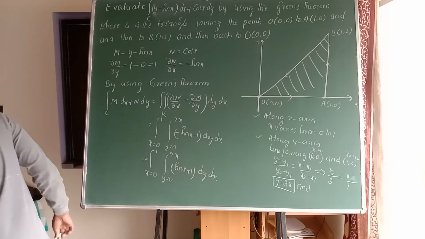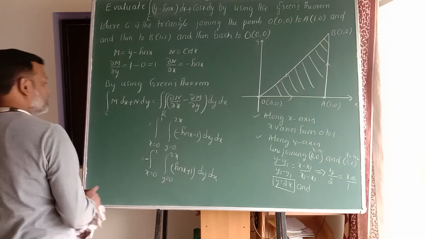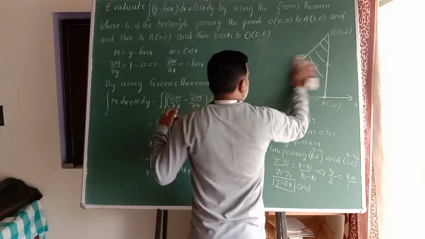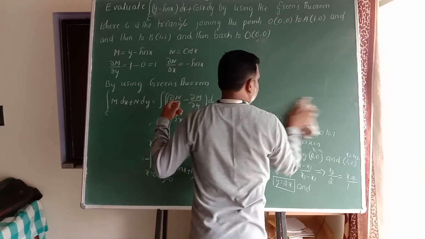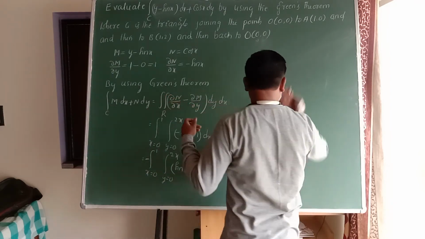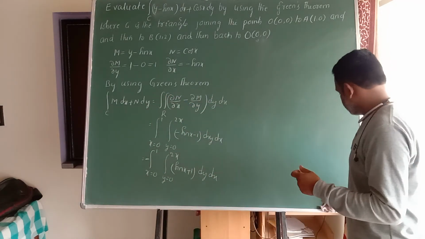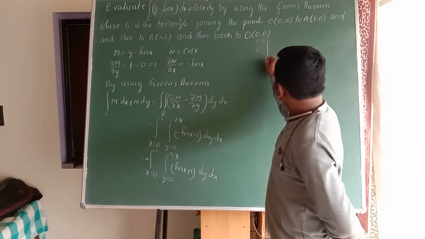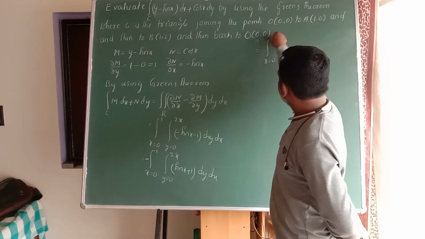Now let us find out the value here. So with respect to y, okay, I will rub it. What is that? So that is equal to x is equal to 0 to 1.